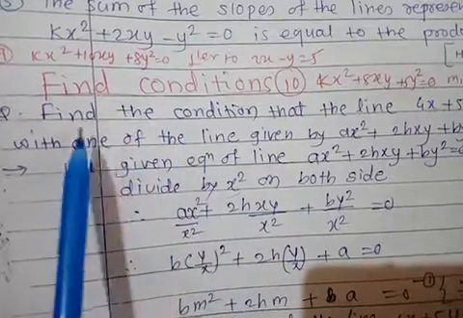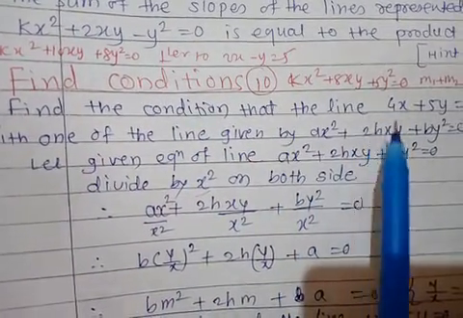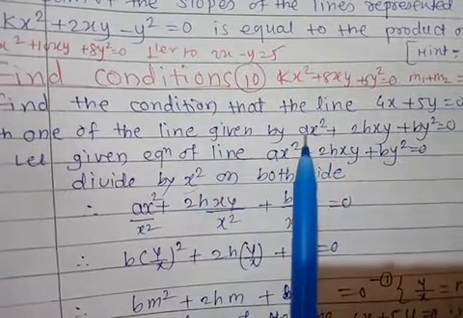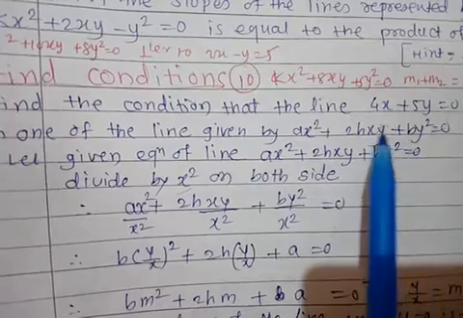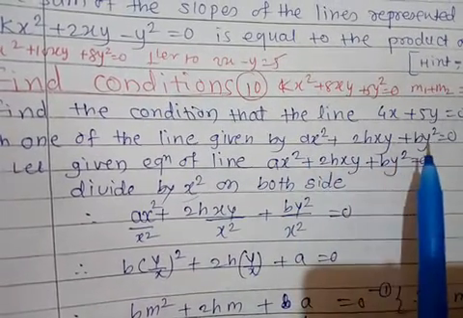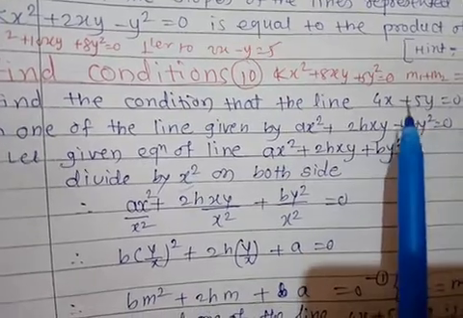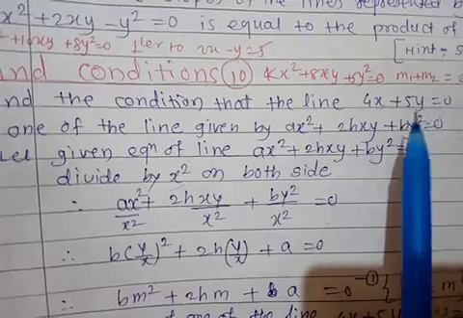This equation has two lines passing through the origin, and from those two lines one of the lines is 4x plus 5y equal to 0, and you have to find the condition.